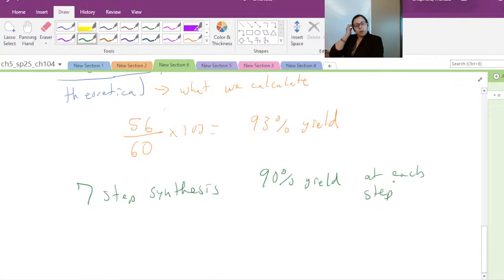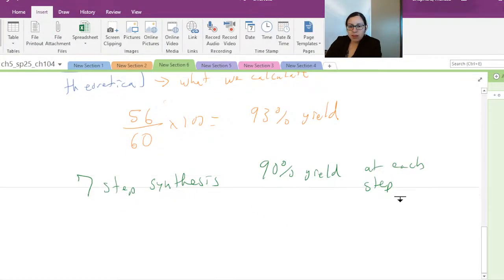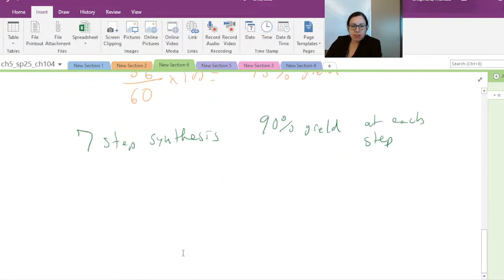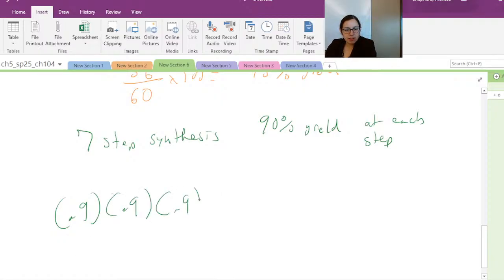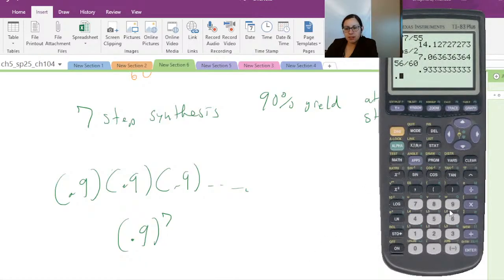That's what organic chemists tend to aim for, over 90. So what's our yield by the 7th step? That would be 0.9 times 0.9 for every step, which is just 0.9 to the power of 7 for a 7-step synthesis.